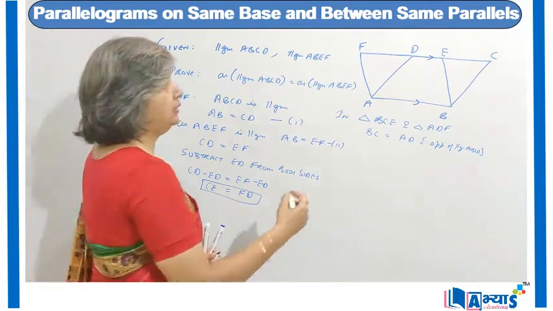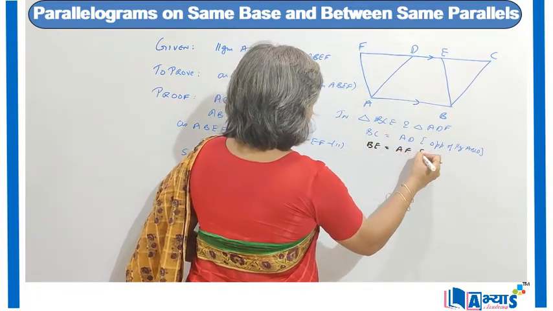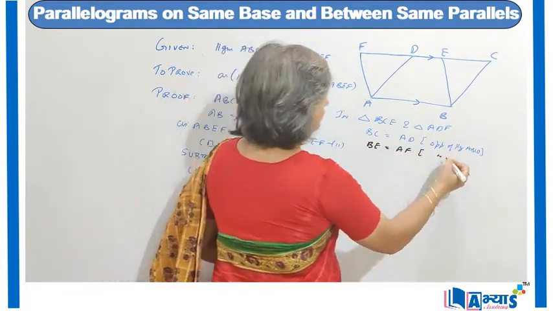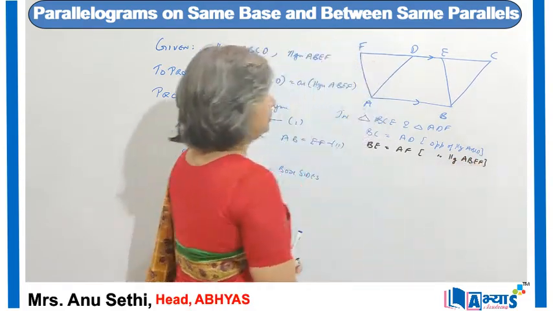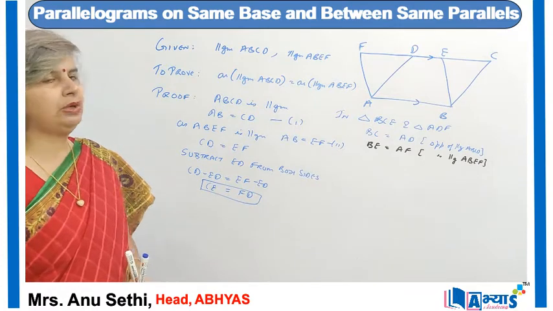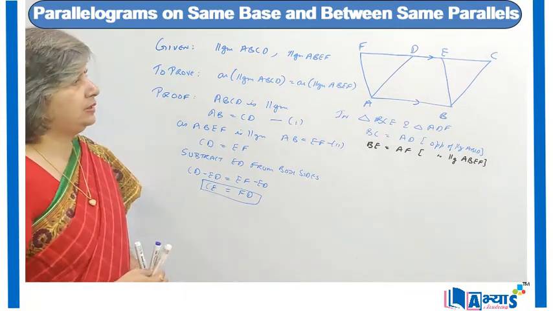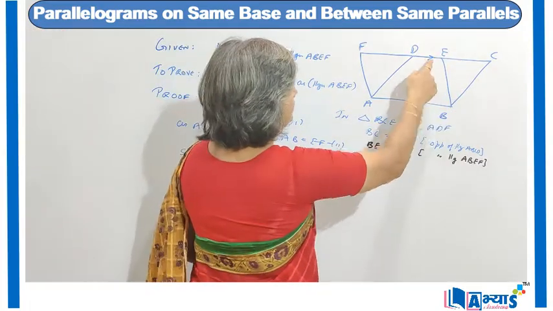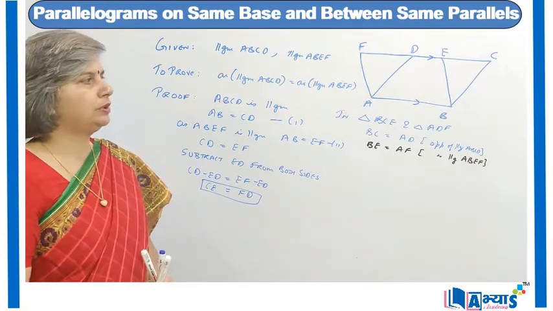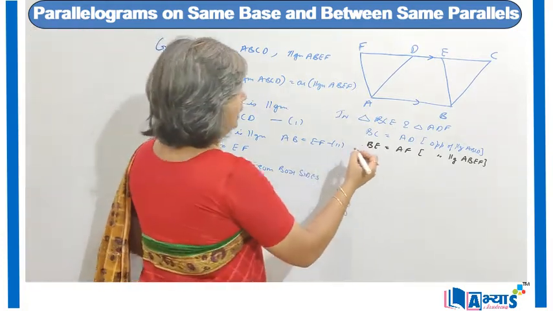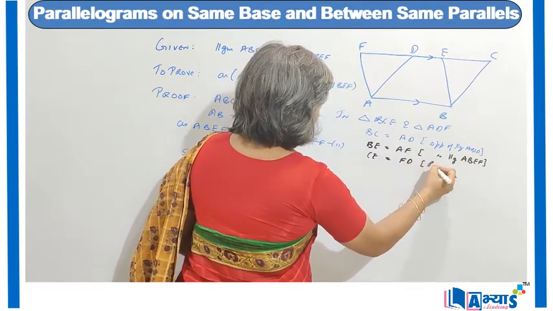Again we can say that BE is equal to AF. Again the reason is opposite sides of parallelogram, but now the parallelogram is ABEF. So in the first case BC was equal to AD as they are the opposite sides of the parallelogram ABCD, and in the second we have written that BE is equal to AF. They are the opposite sides of the parallelogram ABEF. Both are equal, and we have proved that CE is equal to FD, proved above.